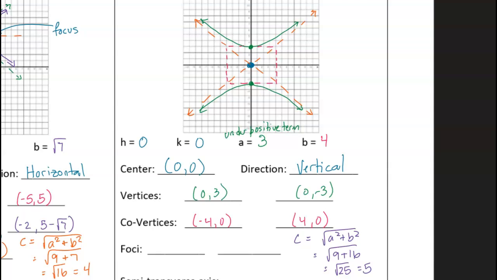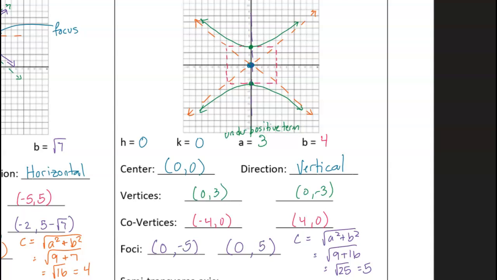Now, am I going to add or subtract this 5 from the H or the K value? Yes, the K, right? This transverse axis is along the y-axis, meaning no matter what, our H value is 0, and for the k value, we both add 5 and subtract 5.